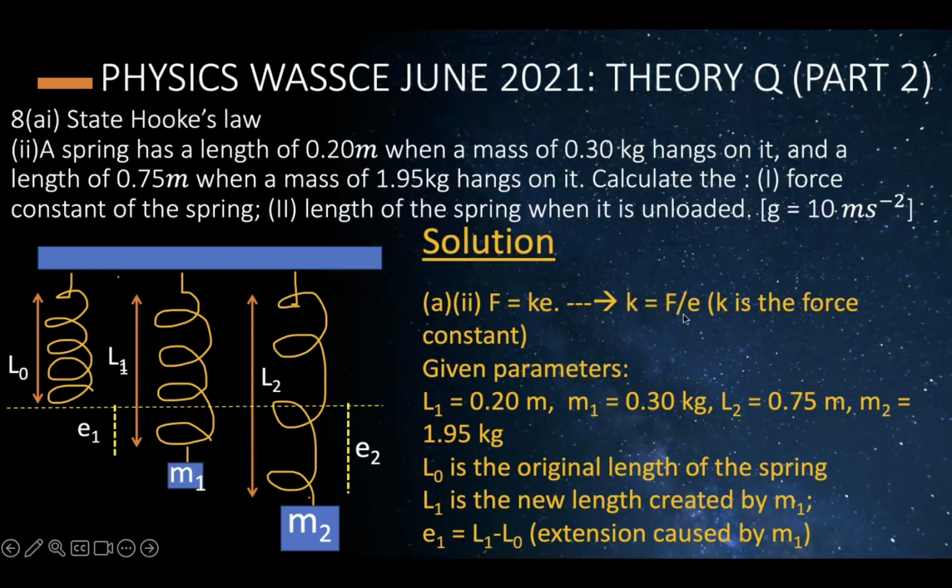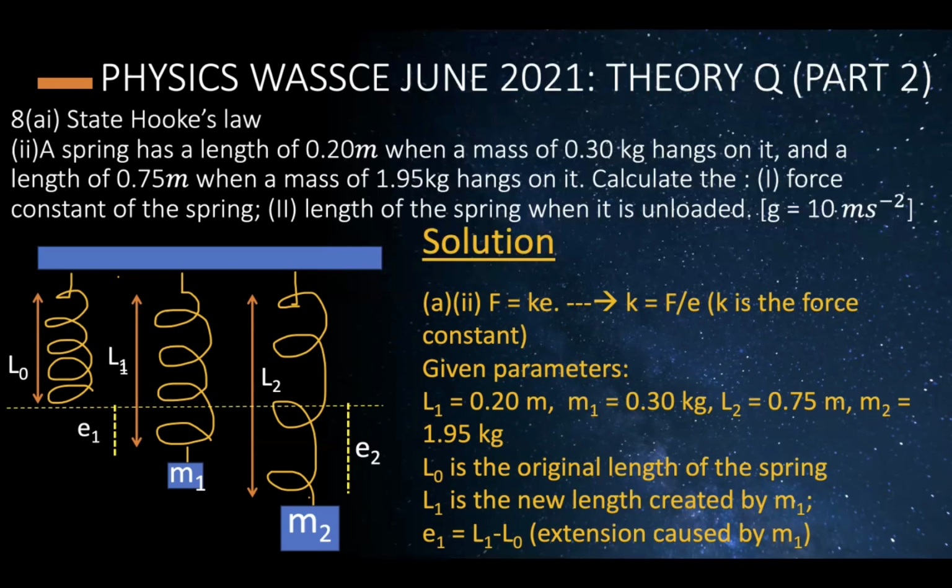So K is equal to force over extension. In this case, we are not just given the force and the extension. In fact, we have the force, because when you multiply the mass by the acceleration due to gravity, you get a force.